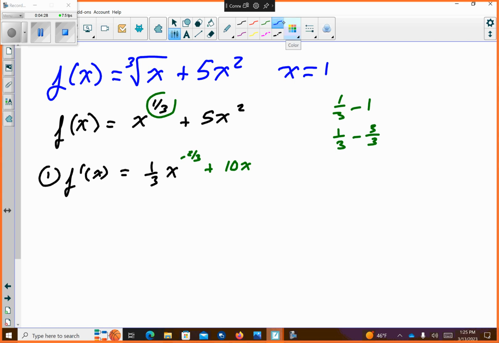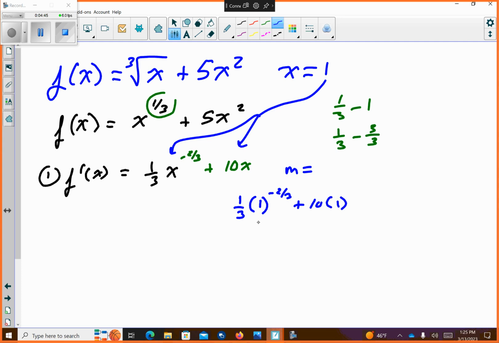Then I want to figure out the point of tangency, so I'm going to take this 1 and plug it in for these x's, and that's going to get me my slope. So I'm trying to find my slope, so I'm going to go 1/3, and then 1 raised to the negative 2/3 power plus 10 times 1. 1 to the negative 2/3 is just going to be 1, so that's going to be 1/3 plus 10.